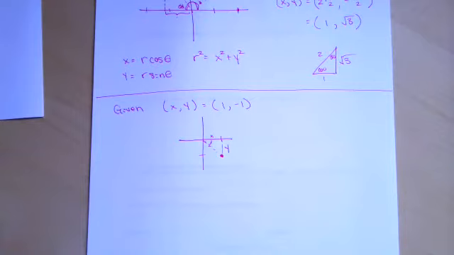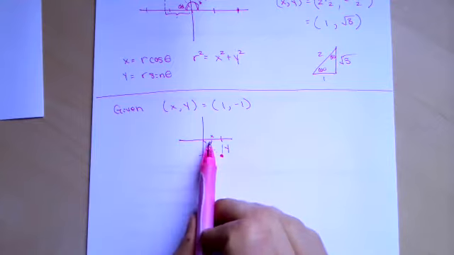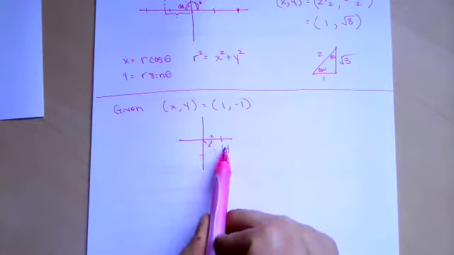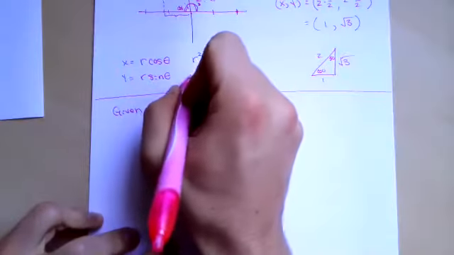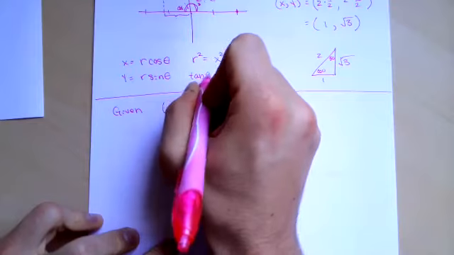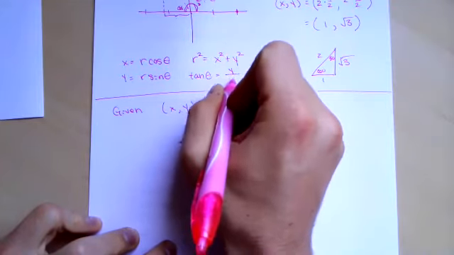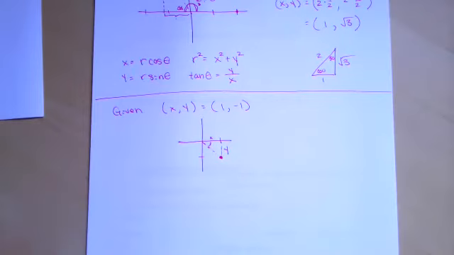What about the angle? The angle's a little trickier, because we want to use trig functions, but inverse trig functions have restricted domains. So if I have an x and y, what trig function relates x and y based off of the angle? It is tangent. And we're going to leave it as that: tangent of theta equals y over x.